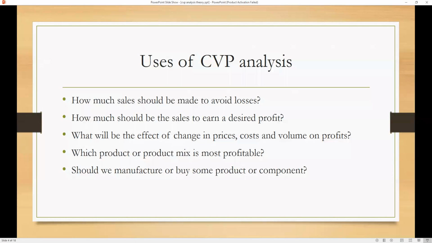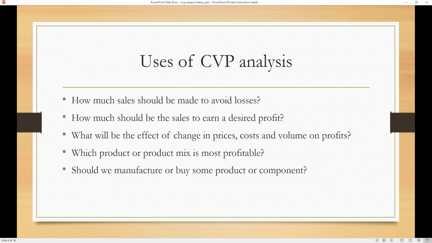The next situation is, which product or product mix is more profitable? A company would be manufacturing more than one product. So what combination of production of these products would lead to profitability? Last but not the least, should we manufacture or buy some product or component?